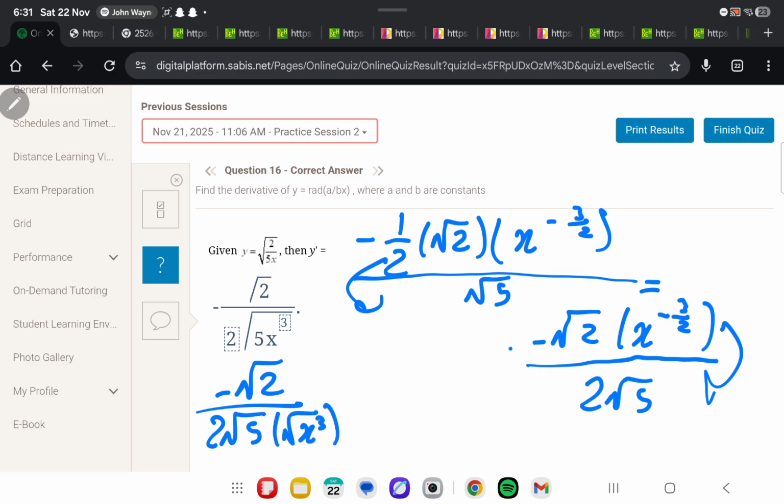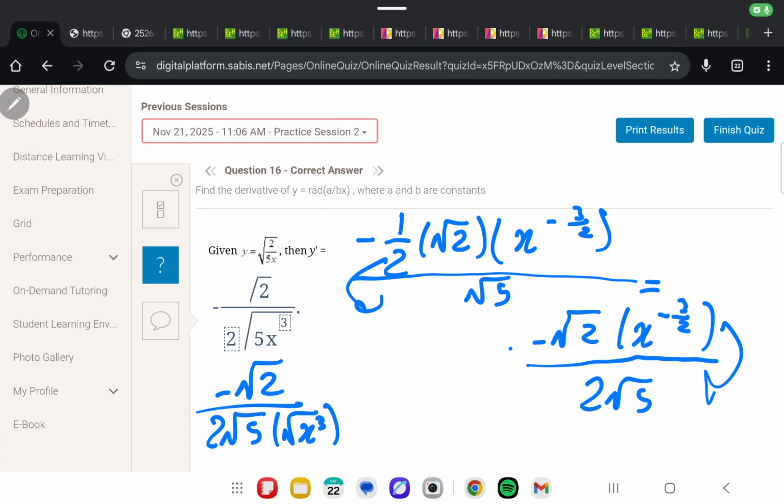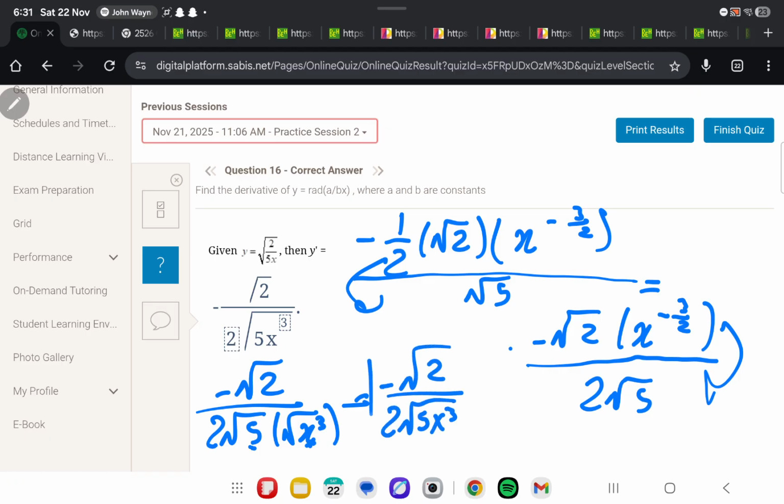Right, because x to the power of 3 over 2 is just going to be the square root, whatever, you don't write it, x cubed. So you can simplify this, radical 5 radical x cubed, you can put them in the same radical. So negative radical 2 over 2 radical 5 x cubed, and this is your answer. Done.